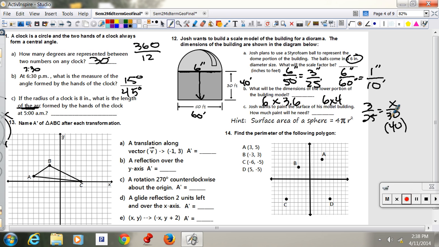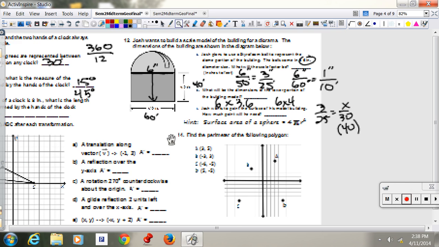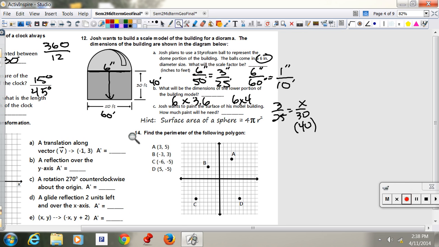Now, surface area of the model. Not surface area of the building, just of the model. So you're going to take the sphere, 4 times pi times radius squared, and cut it in half, because you only have the top half of the sphere, the dome.